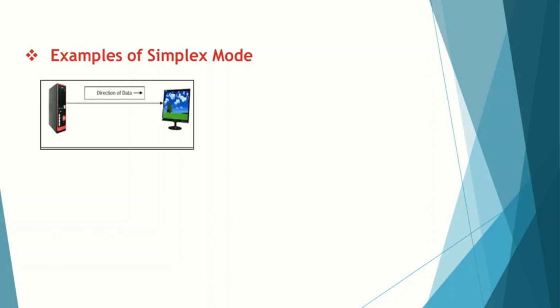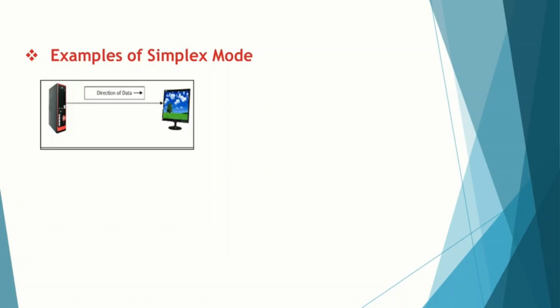Here we will discuss some examples of simplex mode, and the first example is CPU and monitor. In this example, a CPU sends data while the monitor only receives the data.